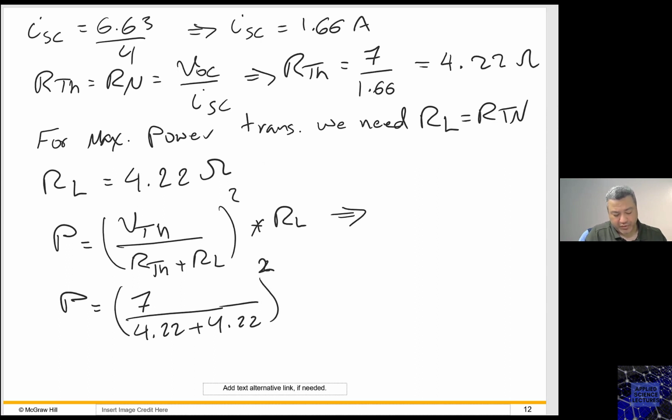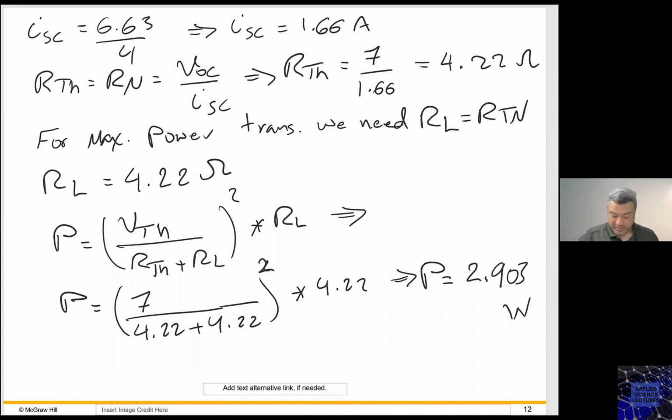Times 4.22. And the power would be 7 divided by, squared, times 4.22 is 2.903 watts.